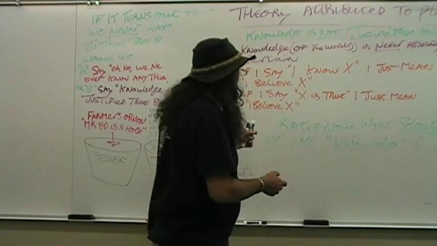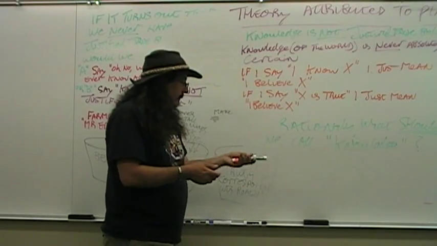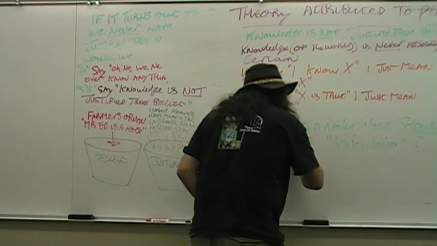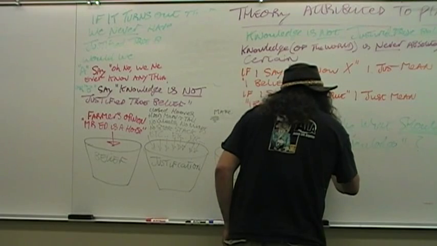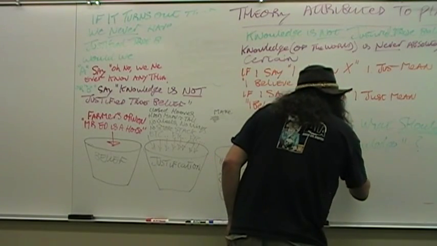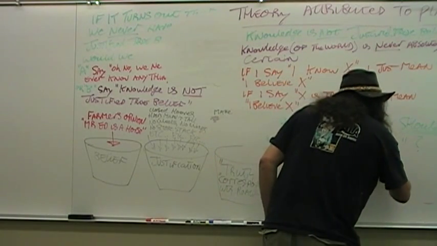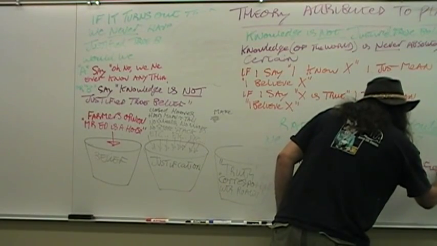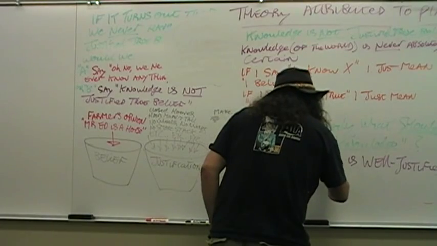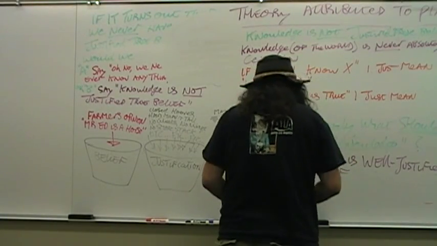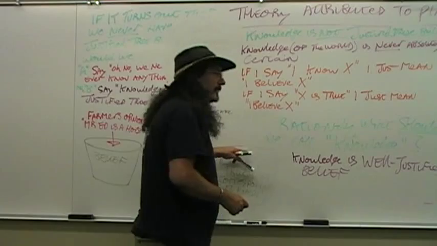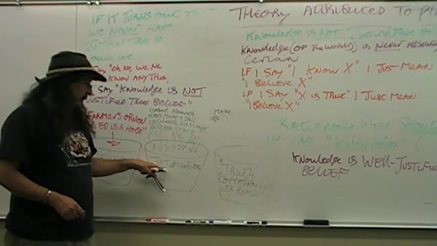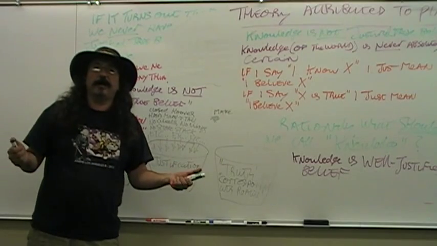So an alternative definition of knowledge is to say knowledge is well justified belief. We don't need anything in the truth bucket, but we need a lot in the justification bucket. And we can argue about how much is enough.